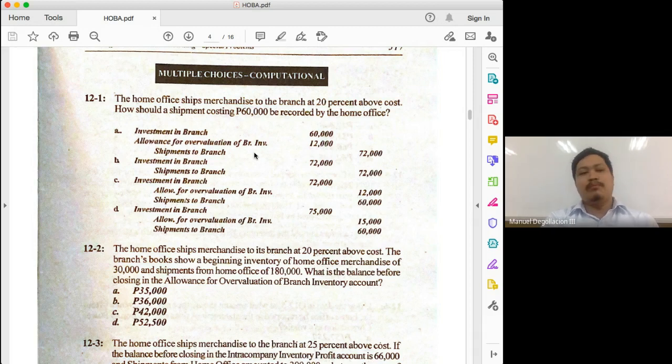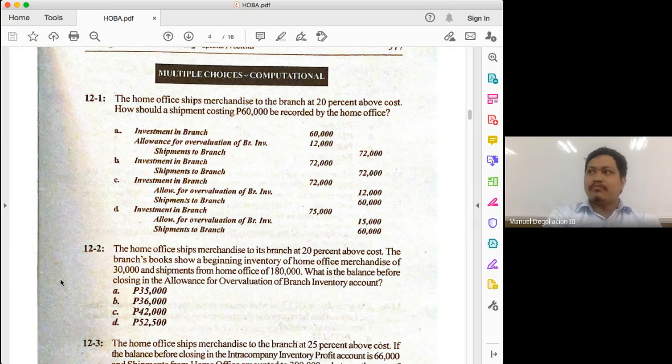Let us start with problem 12-1, which involves the preparation of your journal entry. The home office ships merchandise to the branch at 20% above cost. How should a shipment costing 60,000 be recorded by the home office?